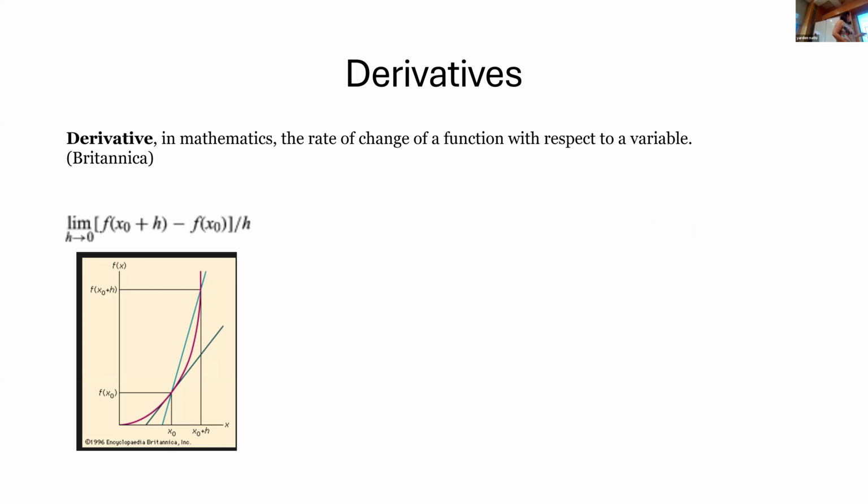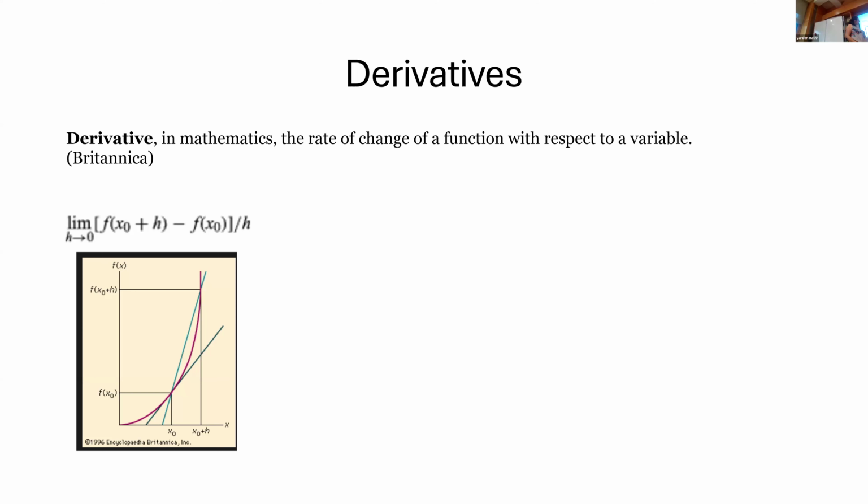Okay, so if we have this function over here in purple, and we want to know how much this function changes from point x0 to point x0 plus h, which are points A and B, we can take the linear slope between the two, and this is the change.